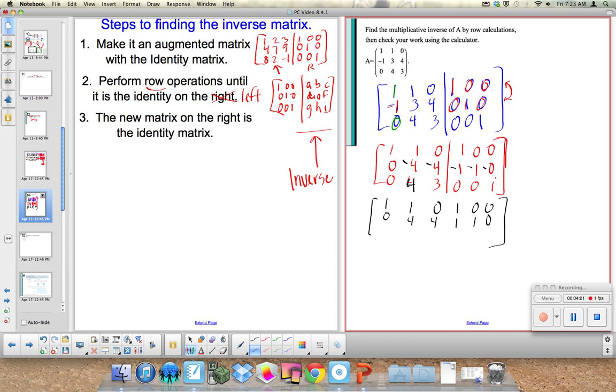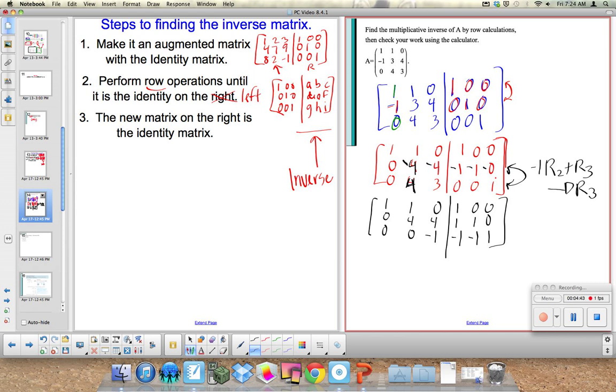So these 2 will get added together to make 0, 0, negative 1, negative 1, negative 1, 1. Okay, so I added these 2 rows together, but really it was negative 1 of row 2 plus row 3 to replace row 3. That was my row operation.